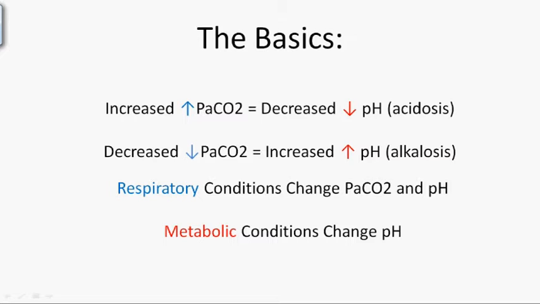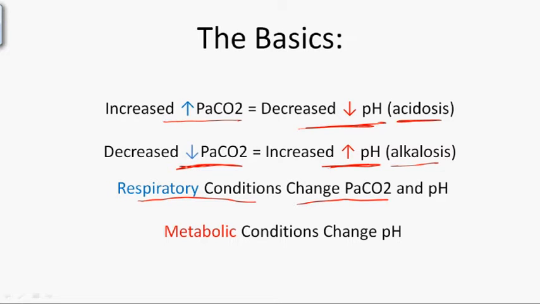Okay, some more of the basics. Of course, when the CO2 increases because you've decreased your respiratory rate or you're not breathing enough, that's going to cause a decrease in pH, so it's going to make you acidotic. If your CO2 decreases because you're over-breathing, that's going to cause an increase in pH, making you alkalotic. So that's a couple of basic relationships with the respiratory system. Respiratory conditions change PaCO2, and there's a direct relationship to the amount they're going to change the pH.